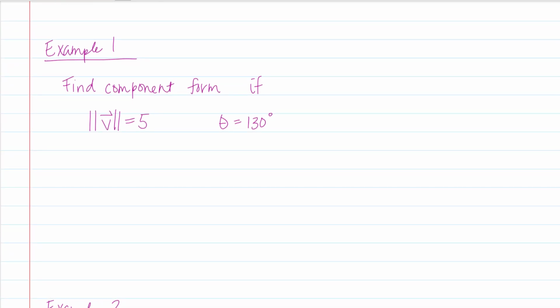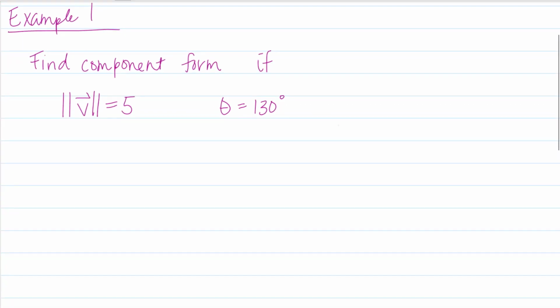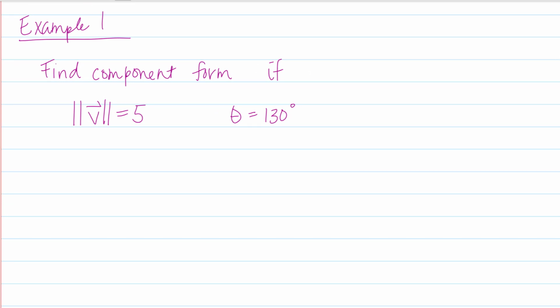So here's example 1. We're going to find component form for some vector v if the magnitude of v is 5 and it's going in the direction of 130 degrees. Let's just think about that 130 degrees for a minute. If we are thinking about our unit circle, this is 90, this is 180, and so if we think about those angles we know inside here, this one is 120 and this next one is 90 plus 45, which is 135.